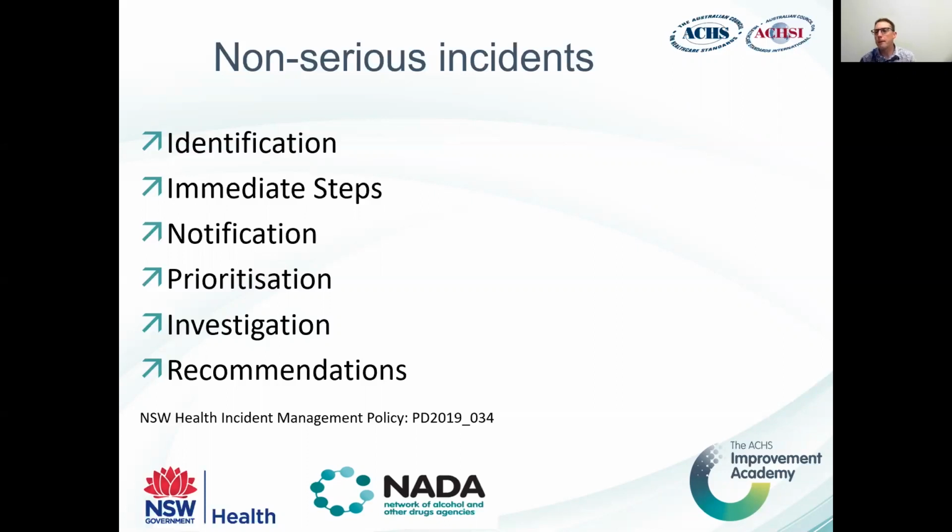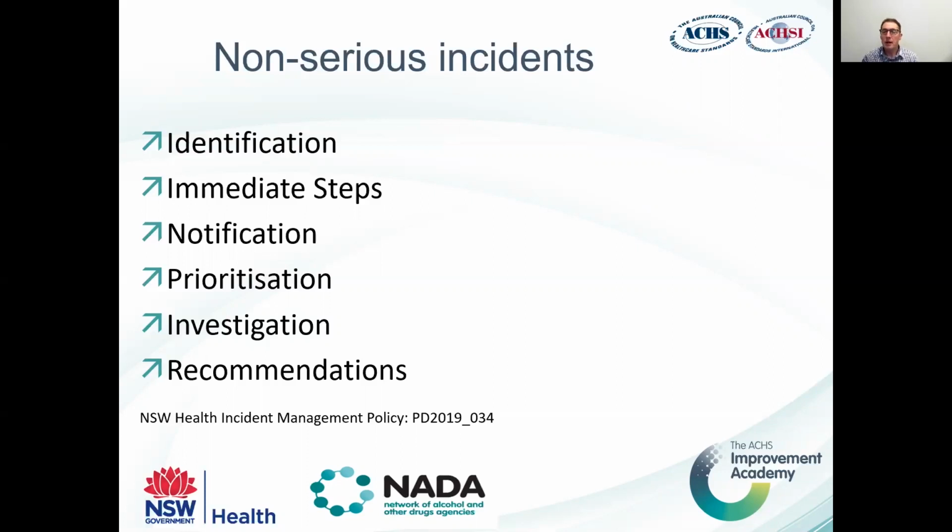So are you able to give us an example of a non-serious incident so we kind of understand what that sort of thing might be? Yeah, and they can look very similar to a serious incident. So it could be someone who leaves a facility but they don't come to harm, but they're not detected that they've left for a while.